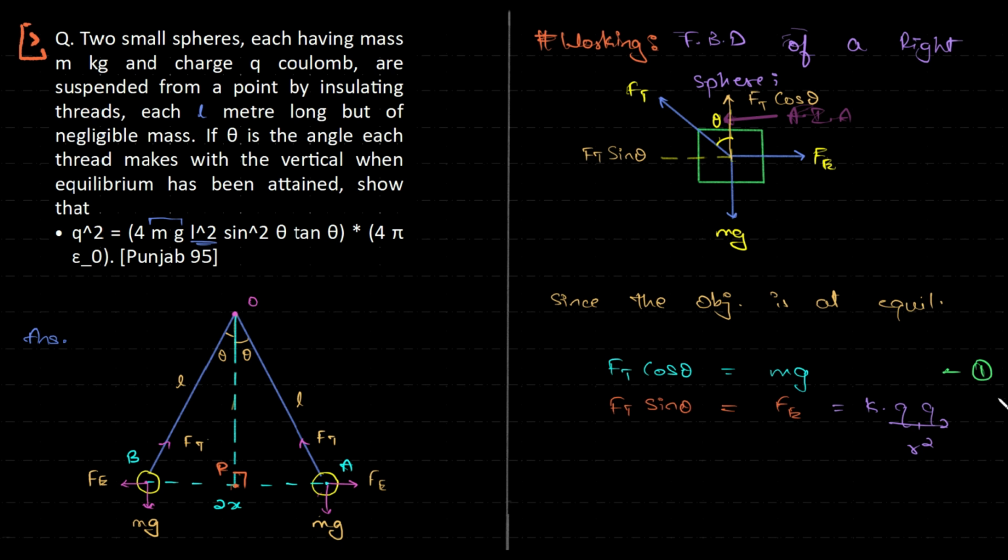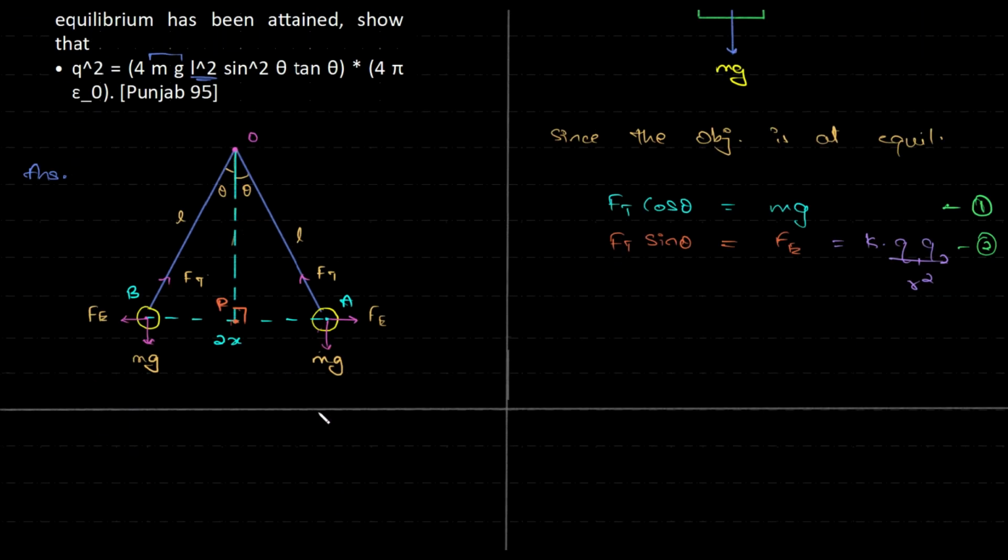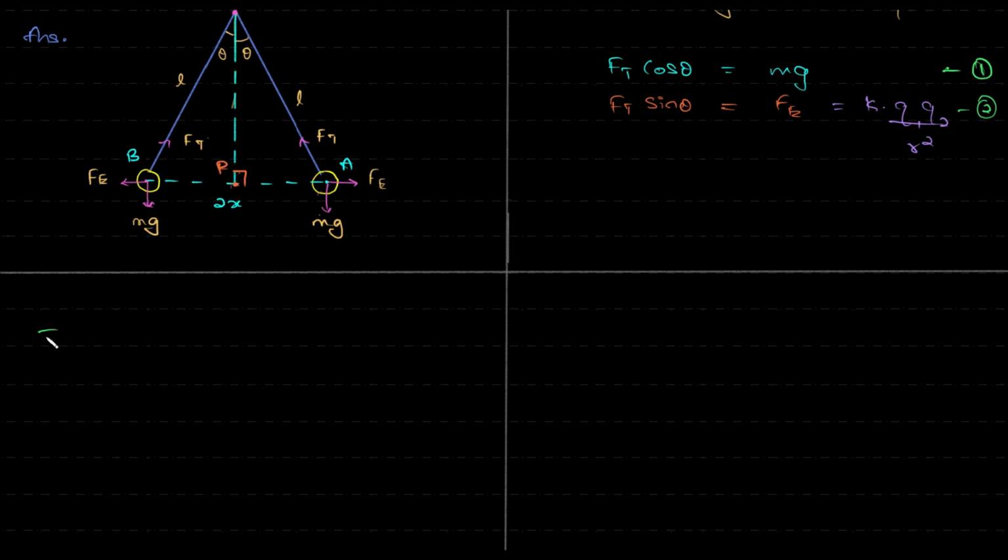Yes, the very old method, dividing 2 by 1. So 2 divided by 1 gives sin theta by cos theta, that's tan theta, equal to k q square by 2x the whole square, and in the denominator, we have mg.